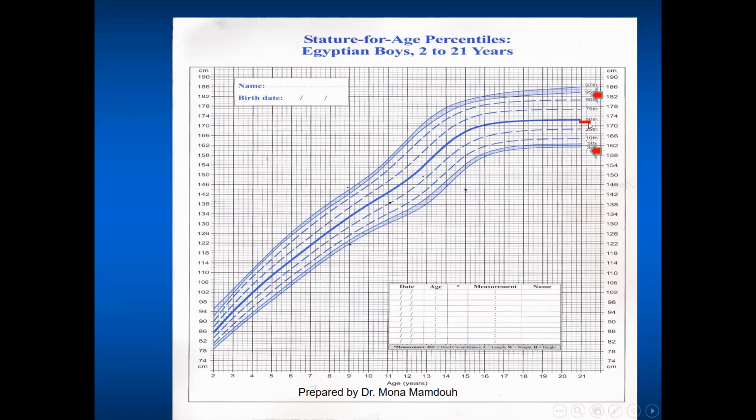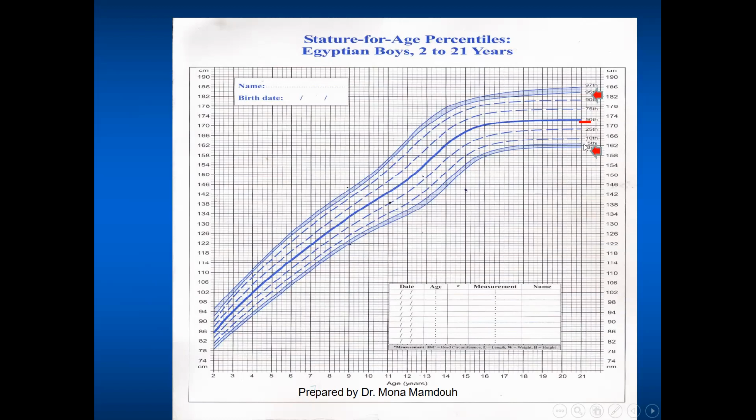This line indicates his mid-parental height, which we have just calculated as 171, and we have plotted it on the curve by this red line, and this is the target centile range by adding 12 centimeters and subtracting 12 centimeters, so the range is from 159 to 183. Revising again the centile where the boy falls, it is the third centile, so it is within the target centile range.